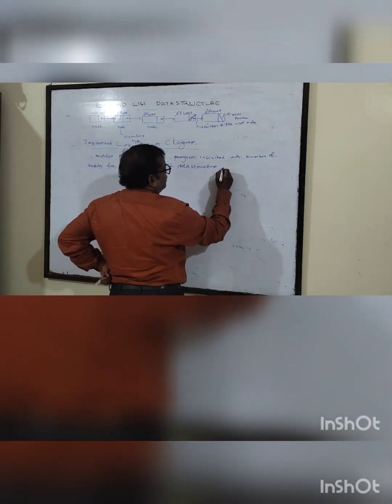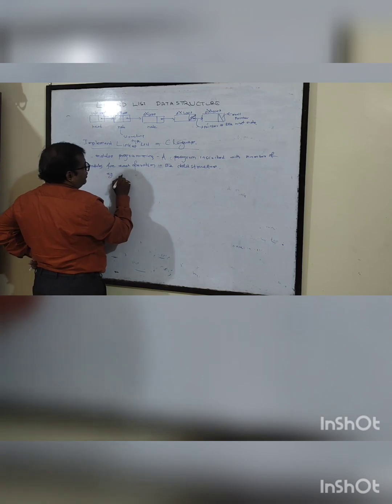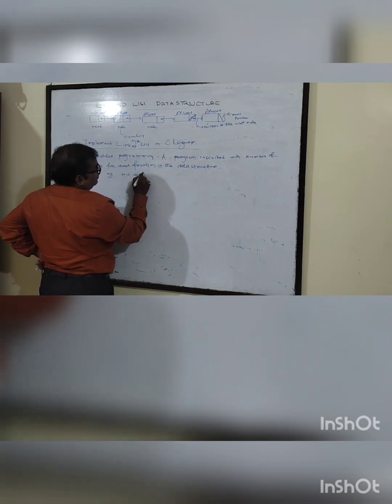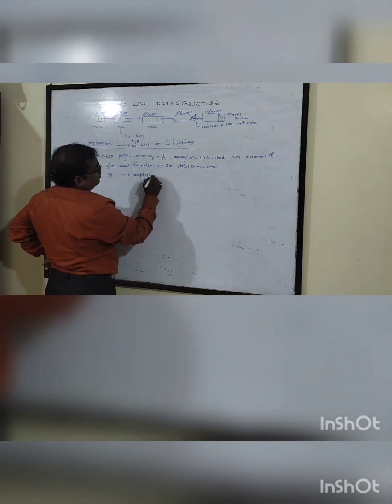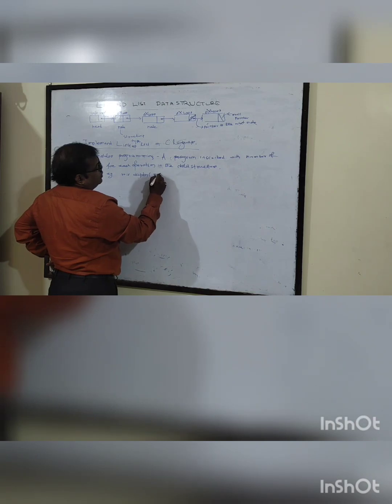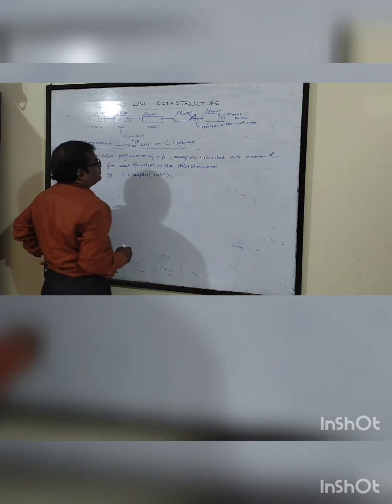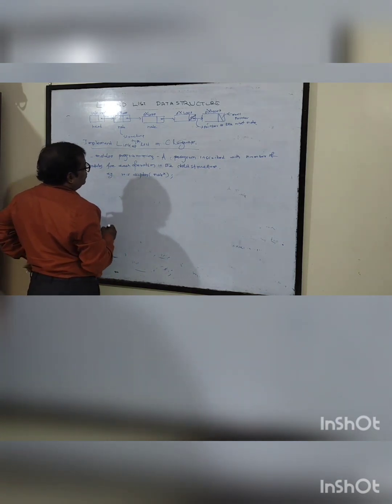Here we can write some syntax examples, for display: void display, with the node type, Node star. This is one example. Similarly, we can write for insertion also.